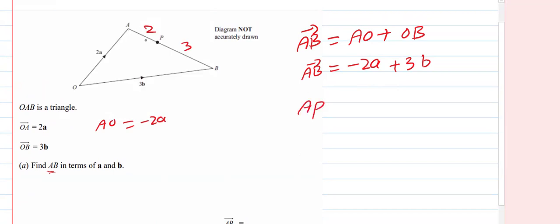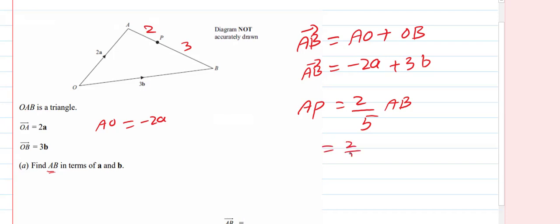Now, you will use the ratio formula for finding the AP. What is the part in AP? It is 2, over the sum of both of them, 2 plus 3 is 5. Multiply the full vector on which the point lies. The P is on AB, so you take the full vector AB, and AB we already have.